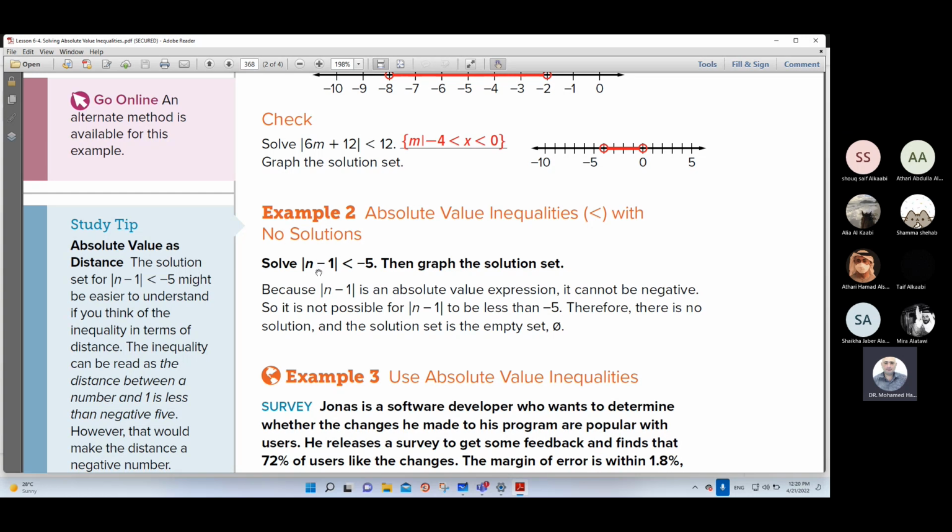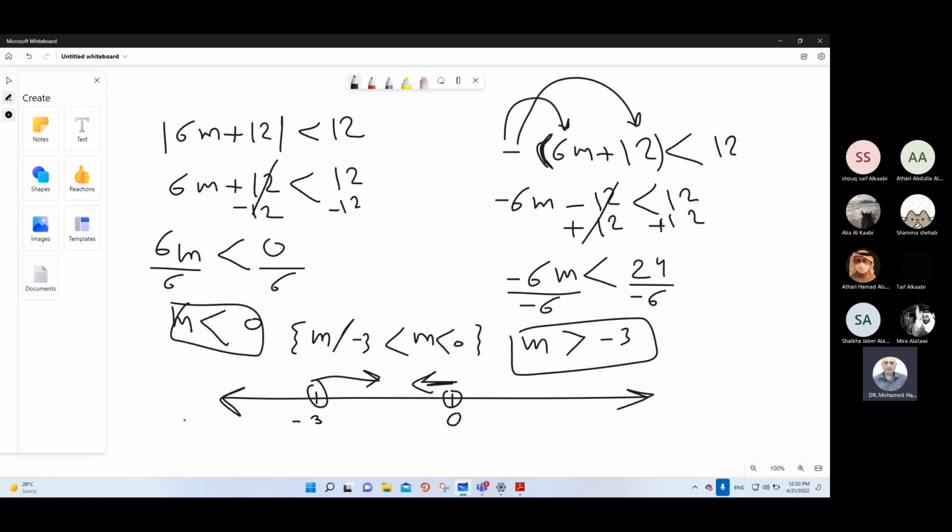So it means not any value is less than -5. So this is not a correct inequality. It means there is no solution. The solution will be what? Phi. We use this sign, this sign means phi, like this.